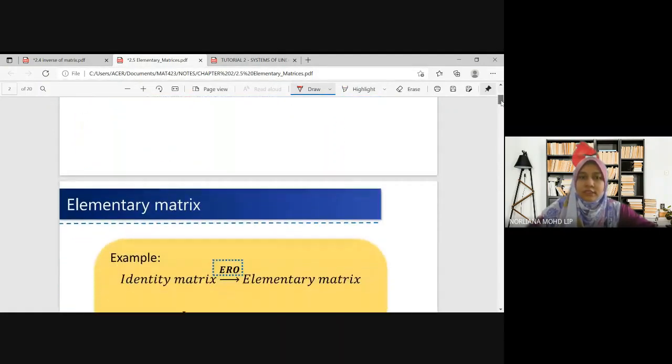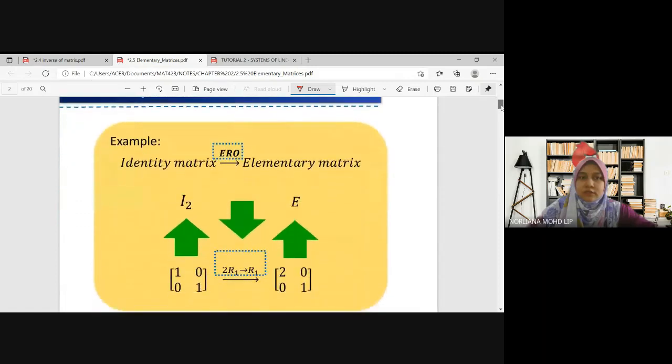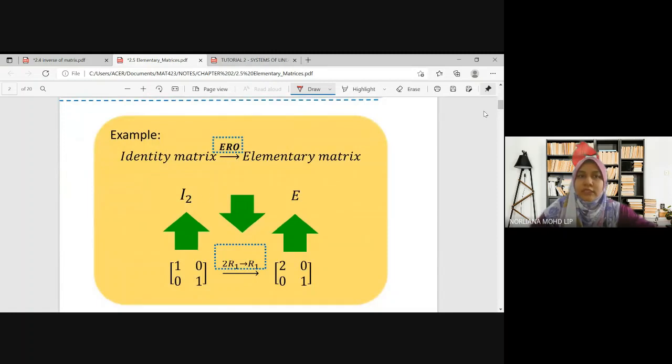Look at this example: the identity matrix is transformed into an elementary matrix by using a single elementary row operation, only one operation.